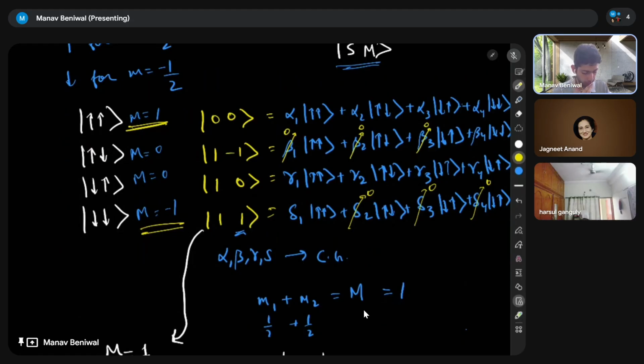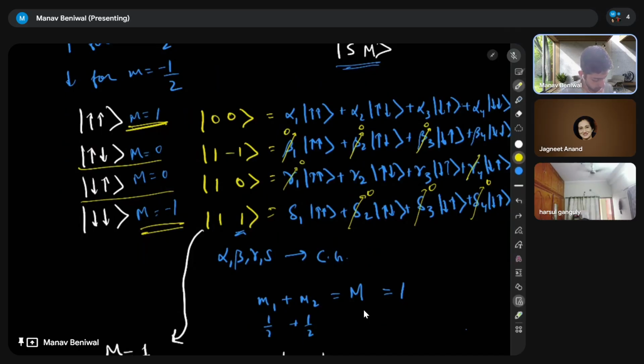Now let's come to the 0 terms, right? Let's start with the third one first. Let's finish our triplet state. So here, 0 is coming from these two states, right? Up down or down up. So by the selection rule, we can eliminate two terms. Which two terms can we eliminate? Gamma 1 and gamma 4.